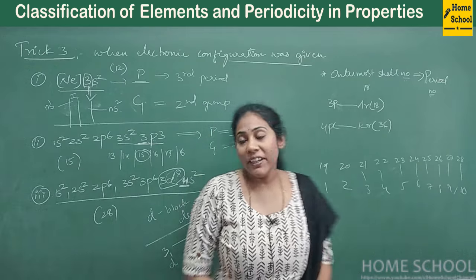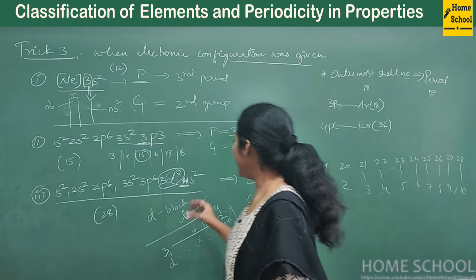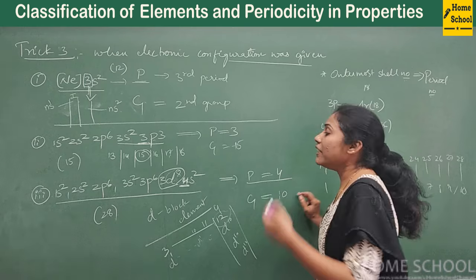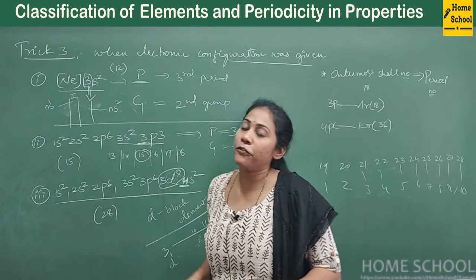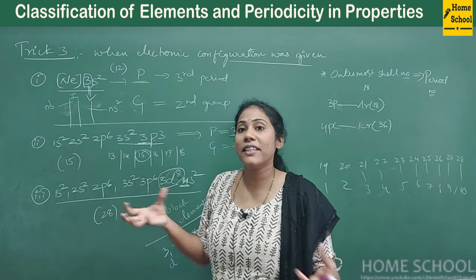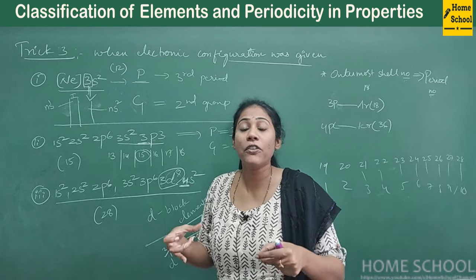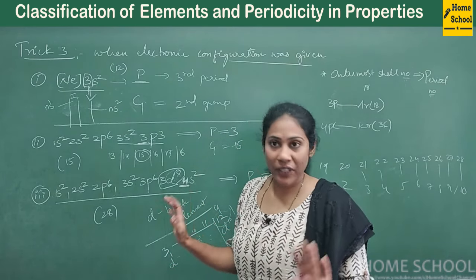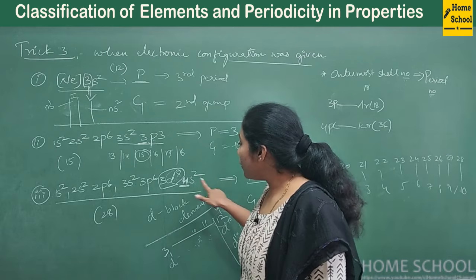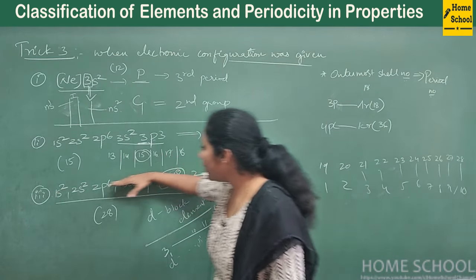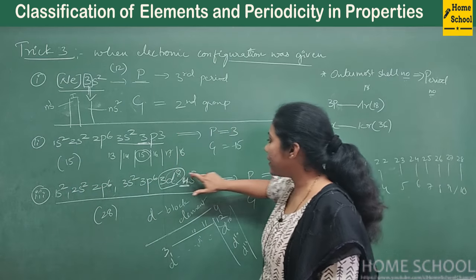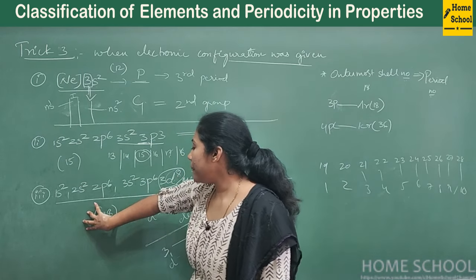So when the electronic configuration is given, identifying the period number is very easy, but for identifying the group number, you have to be careful. You should have a little idea about the electronic configuration of elements group wise. If you are not perfect with that concept, what you can do? Add all these numbers, since electronic configuration is the arrangement of electrons, and you will get the atomic number.